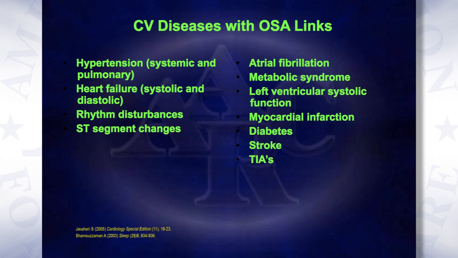We're looking at heart failure, systolic and diastolic. We're also looking at rhythm disturbances, ST segment changes, atrial fib. Again, we go back to metabolic syndrome, left ventricular systolic function, myocardial infarction, diabetes, stroke, and TIAs. All of these cardiovascular diseases are linked to OSA, and if we can pinpoint the treatment, we'll have better results for our patients.